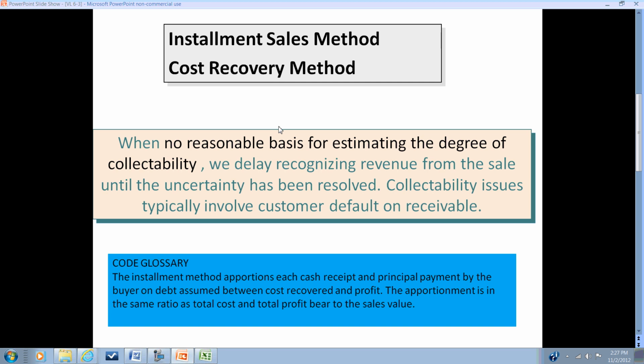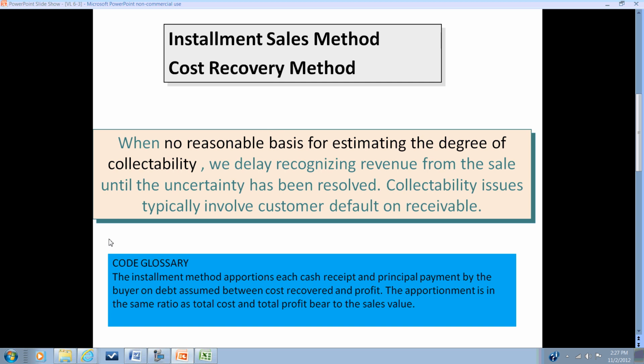So we're dealing here with high-risk customers, customers who do not have good credit ratings. So we're willing to take a business risk, typically because we're selling at a higher price. But because of that, we're going to have to delay the recognition of revenue.